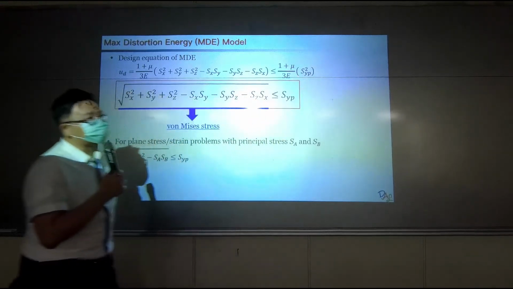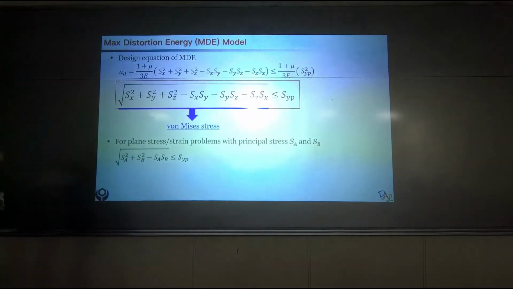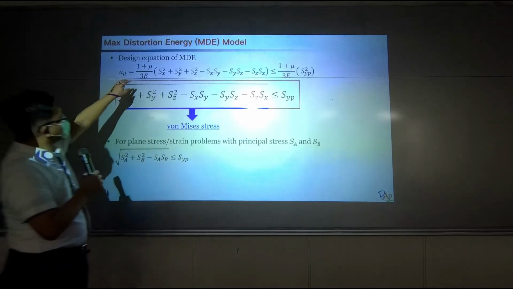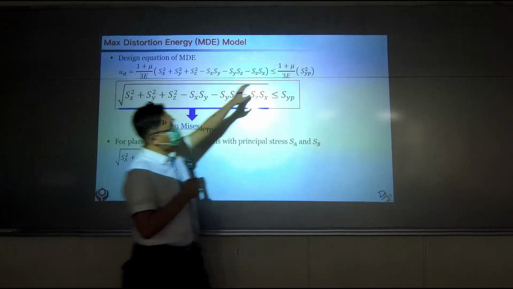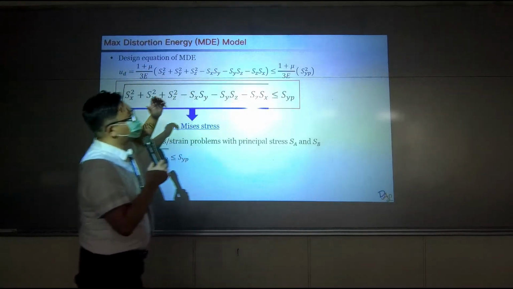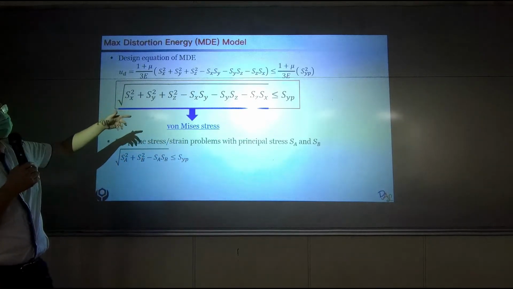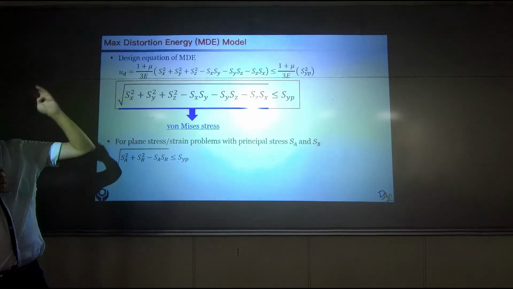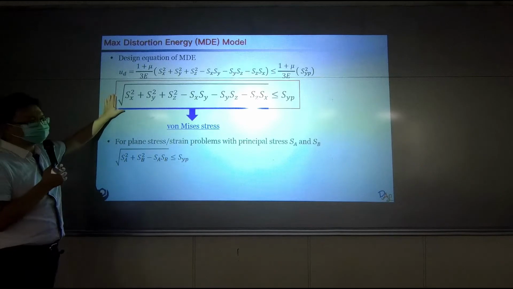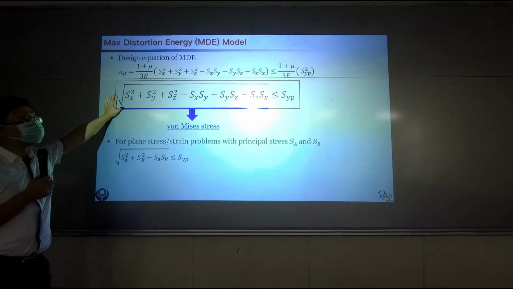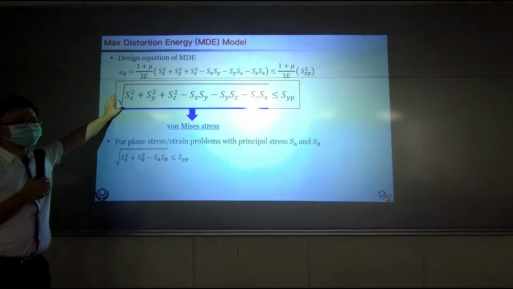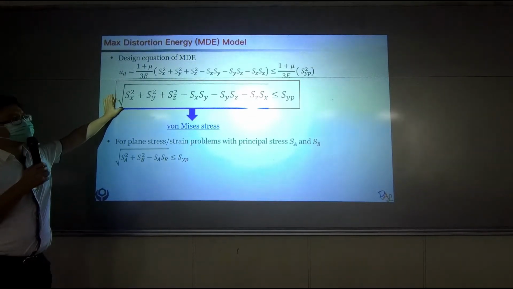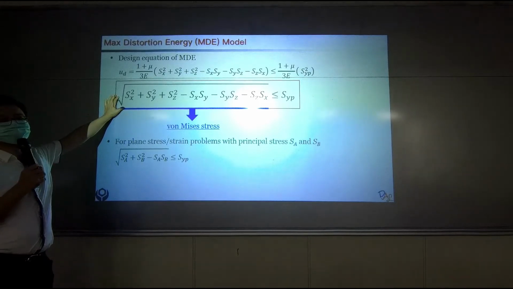And what's interesting afterward is that the coefficients cross out, and we no longer have Young's modulus and Poisson's ratio in this model. So it's a model that purely represents the magnitude of stresses in each direction.